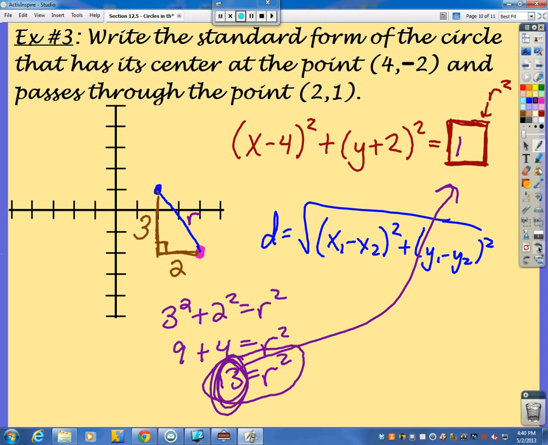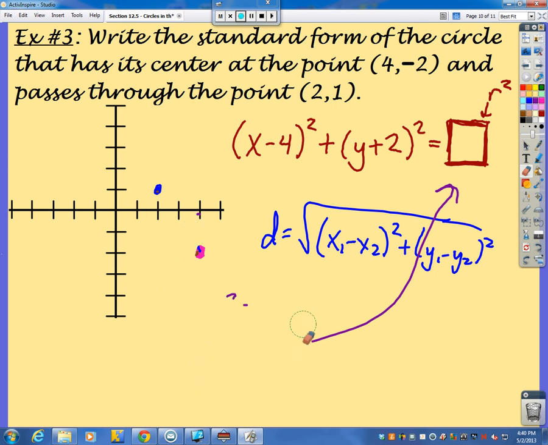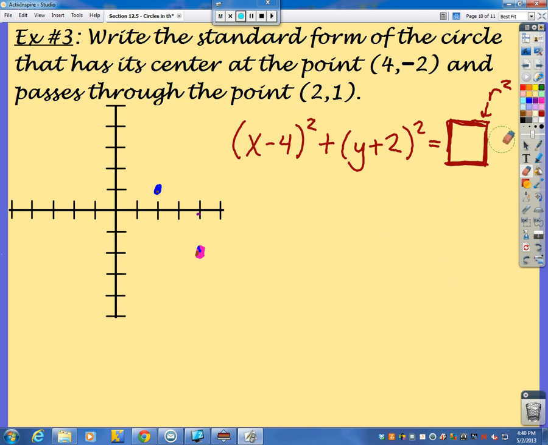Now, again, let me show you another way you could look at this problem. What I would look at, if I were doing this problem, is if I need to figure this out, I've got 2 other variables, x and y, that are preventing me from really solving and figuring out what r squared is.